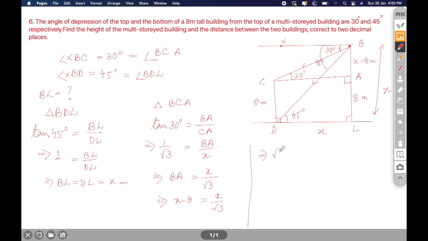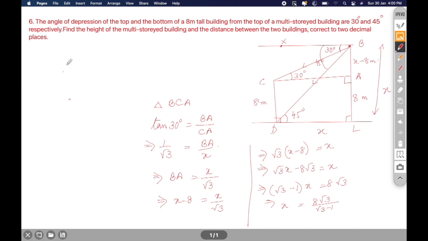So this gives root 3 into x minus 8 equals x. So this is root 3 x minus 8 root 3 equals x. This gives root 3 minus 1 into x equals 8 root 3. So x equals 8 root 3 by root 3 minus 1. Let us rationalize the denominator.